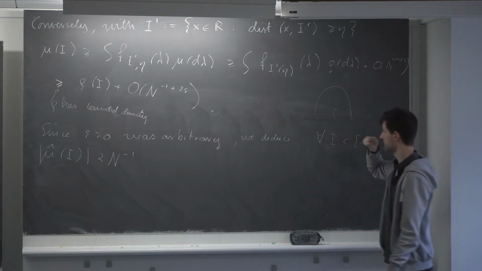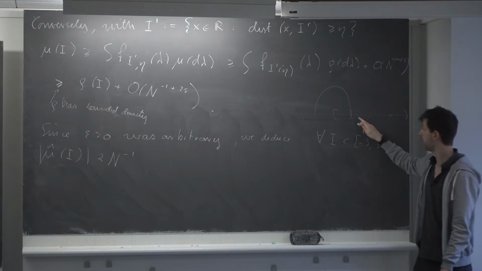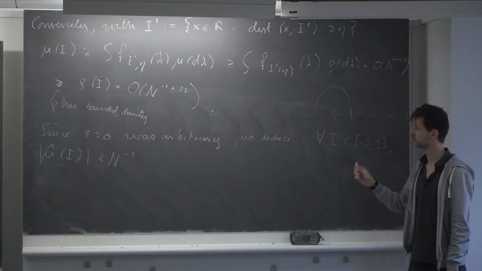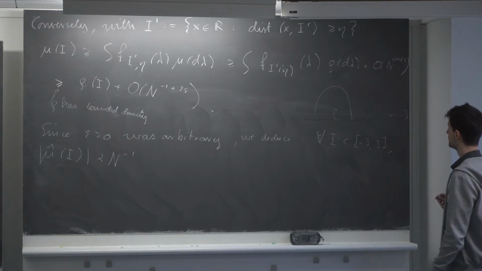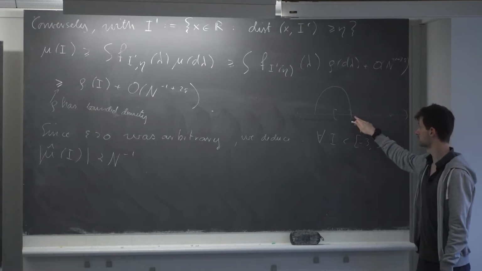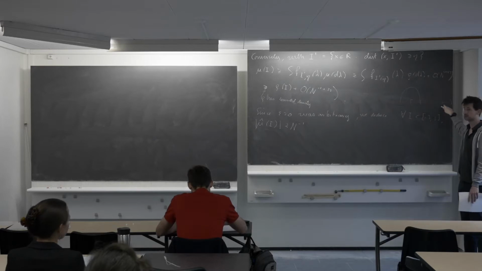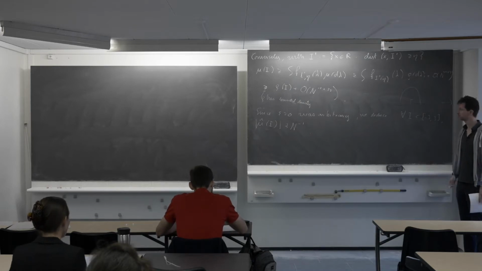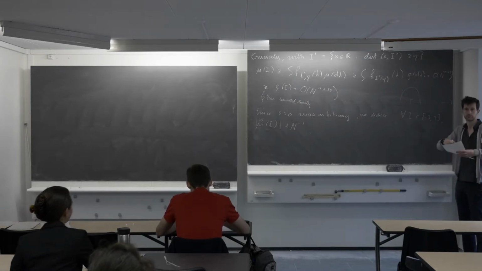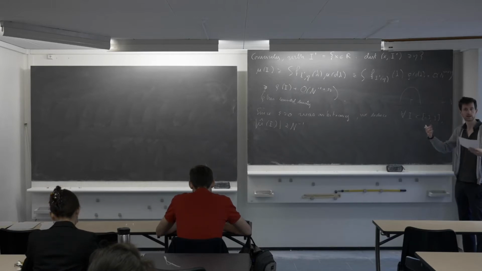And this piece we can analyze. We just did it. And for this piece, from what we did, it follows basically immediately that the rho measure of this piece is 0, and therefore the mu measure of this piece has at most mass n to the minus 1.